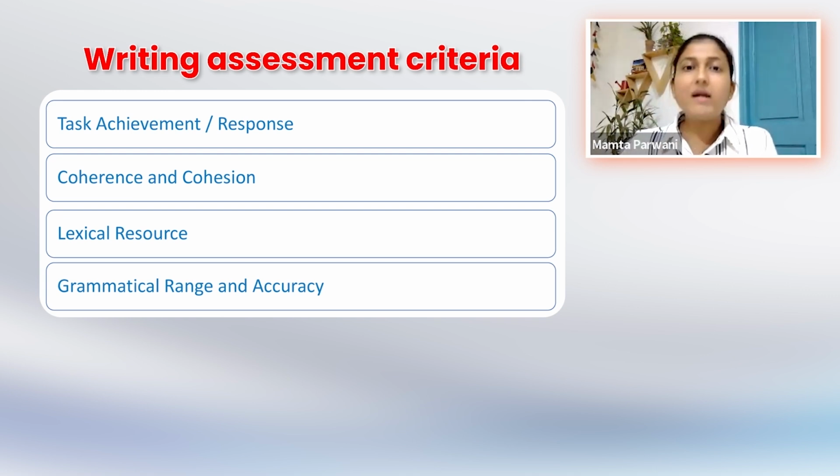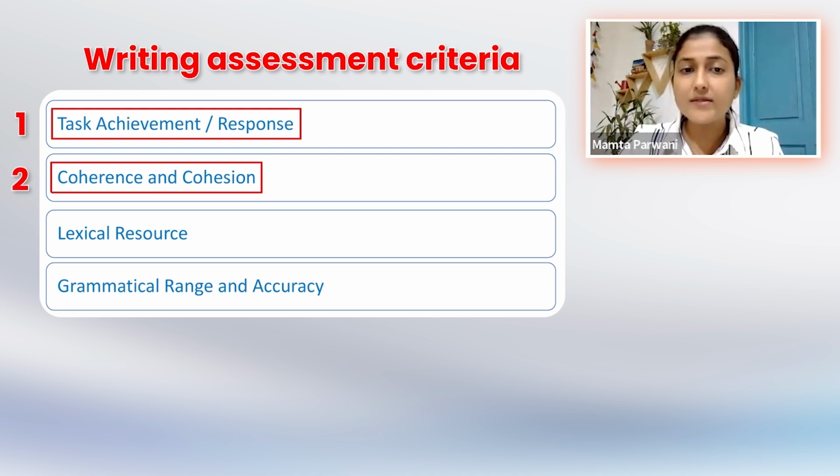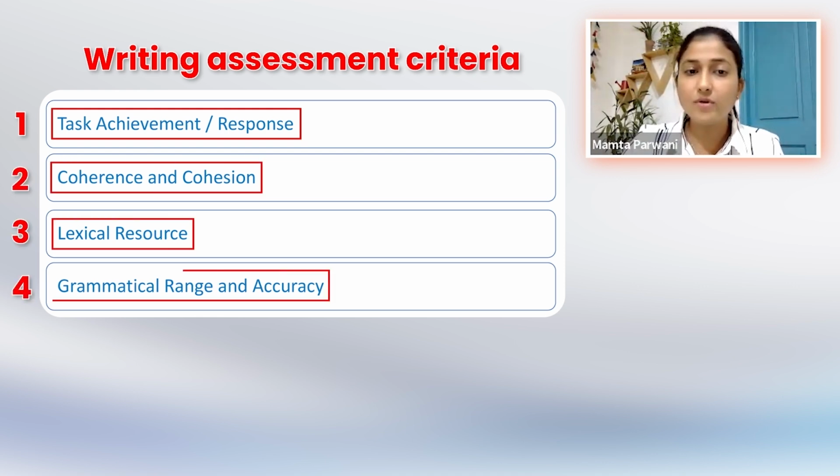So basically there are a total of 4 criteria based on which your individual writing module is judged. These 4 criteria are task achievement or task response. Second one is coherence and cohesion. Third one is lexical resource, and the fourth one is grammatical range and accuracy.